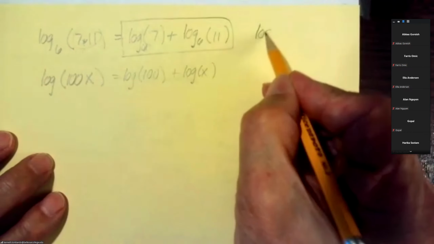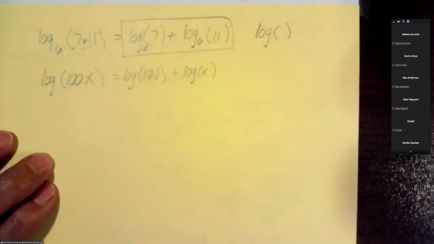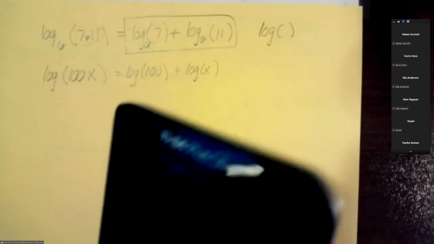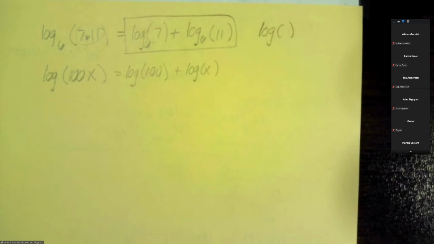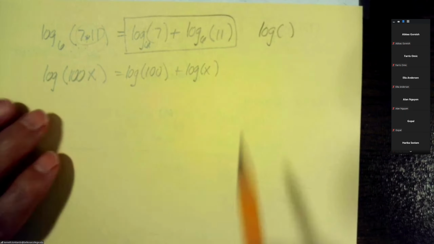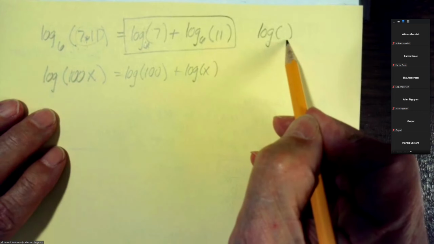In other words, log is a function. If you look on your calculator and you put in log, you notice it puts a parenthesis there, indicating that it's a function. So I like to remind myself and keep it in mind that a log is a function.